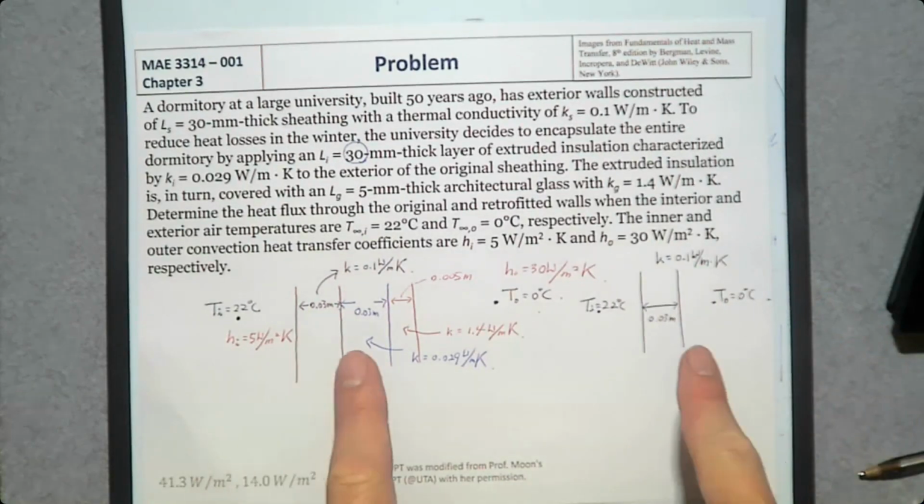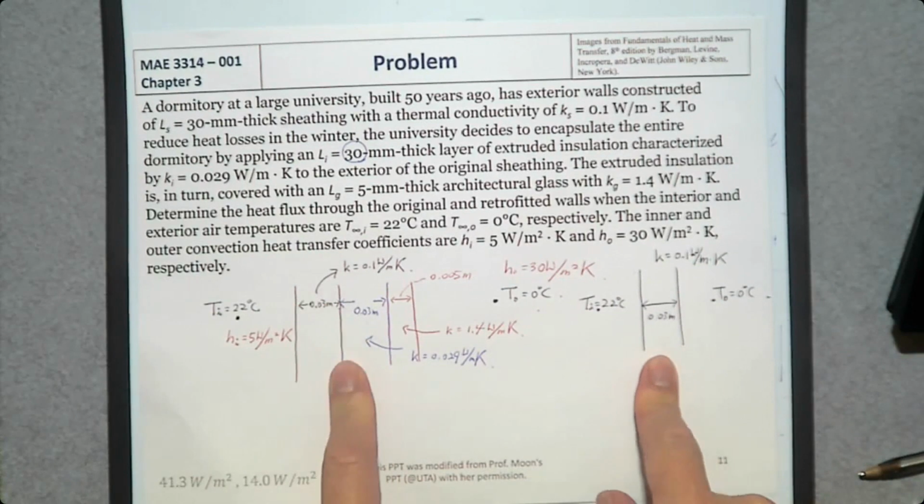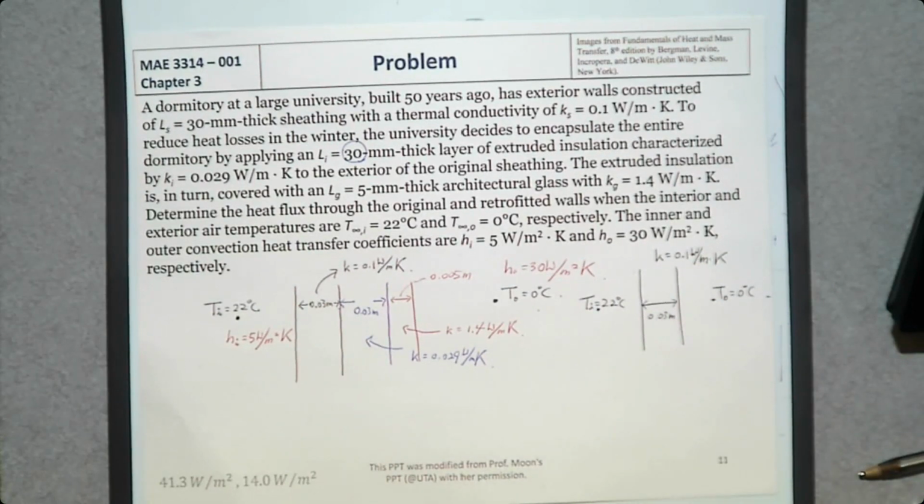So we want to determine the rate of heat transfer through this wall. By the way, it says heat flux. What is the difference between the rate of heat transfer and heat flux?